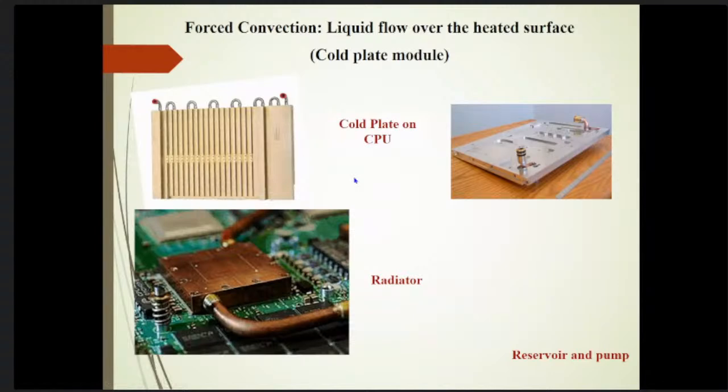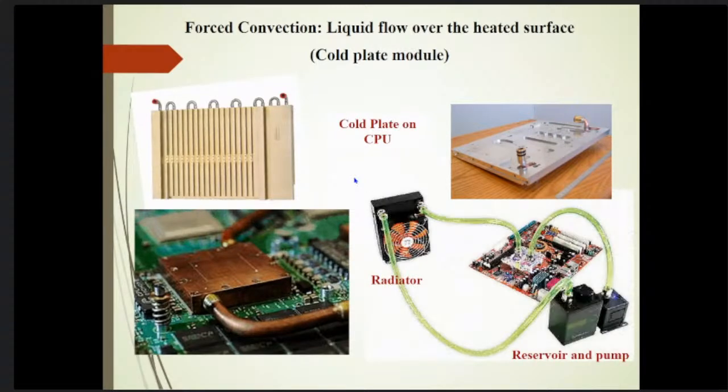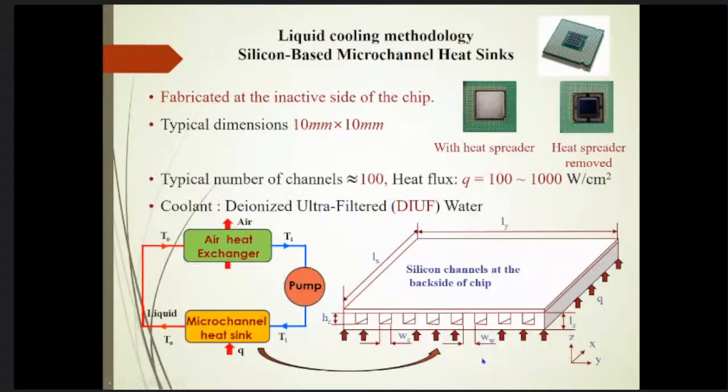So you put a heat spreader at the chip surface, and then you can flow any coolant through the channels of that cold plate, and that can transfer the heat from the chip surface to the surrounding environment through your radiator, pump and reservoir arrangement. This is the kind of add-on when you want to cool it.